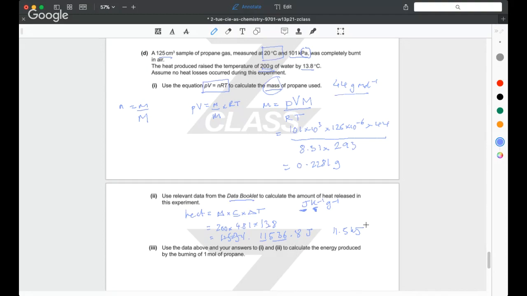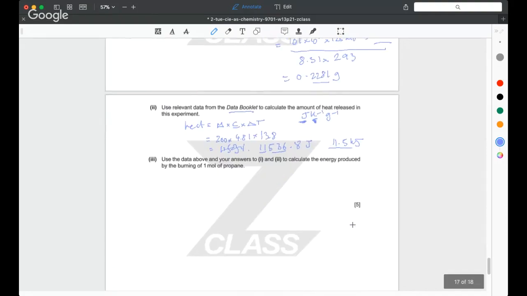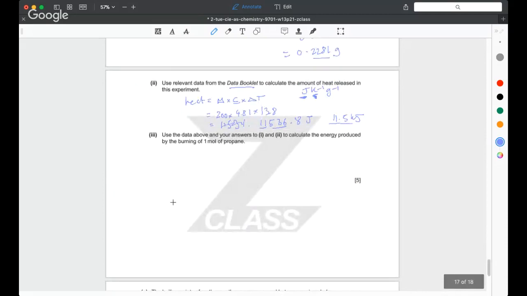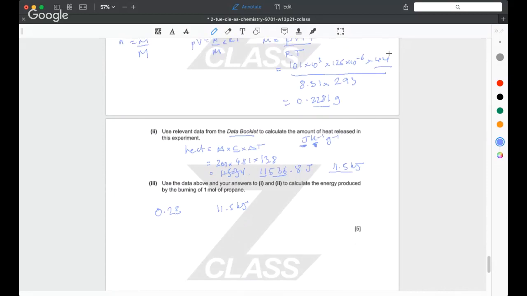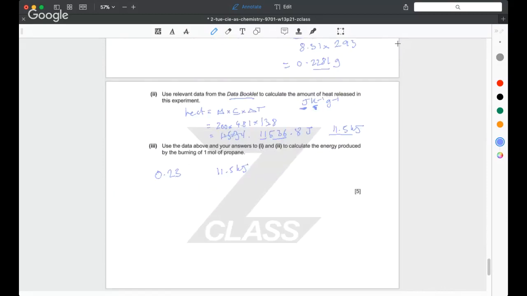And so in this last step here, you've got to use the information that you had up here about the molar mass and the mass, and the information you've got here in terms of the amount of energy, or the heat, that was transferred. So you're going to be saying that you know that 0.23 of a gram released 11.5 kilojoules of heat, but you know that the mass of 1 mole of propane is 44 grams.